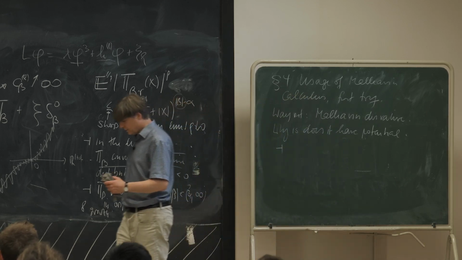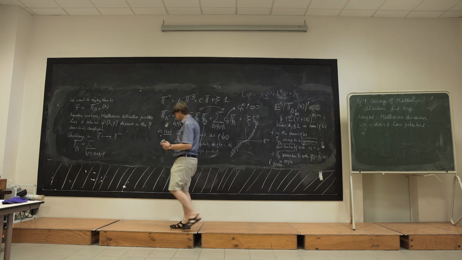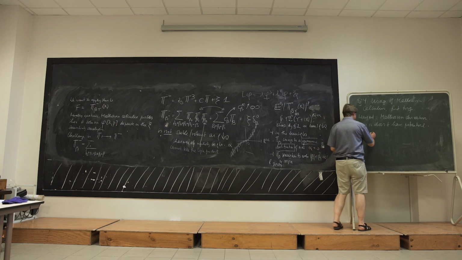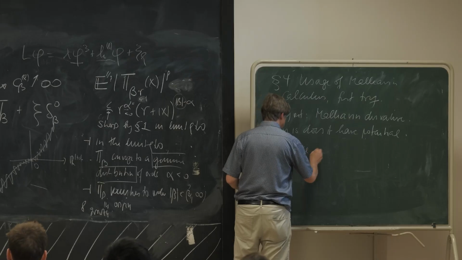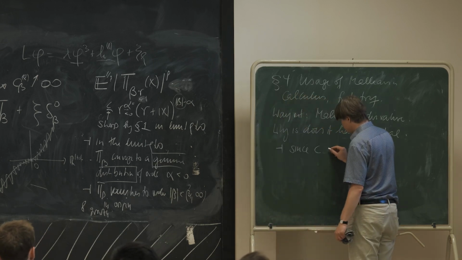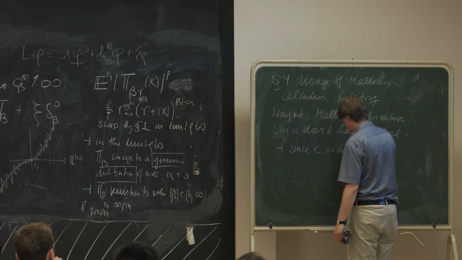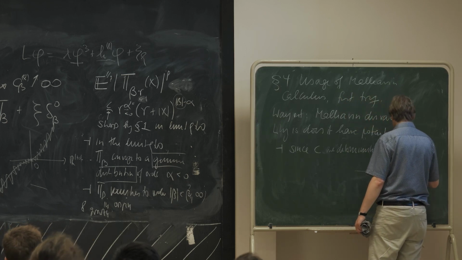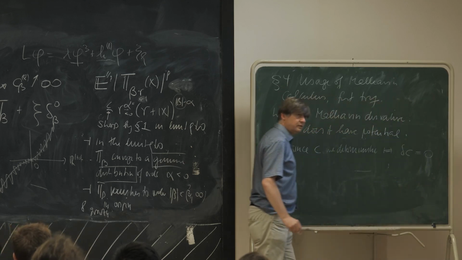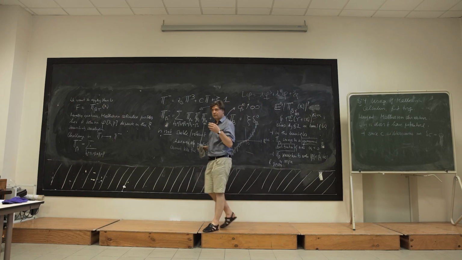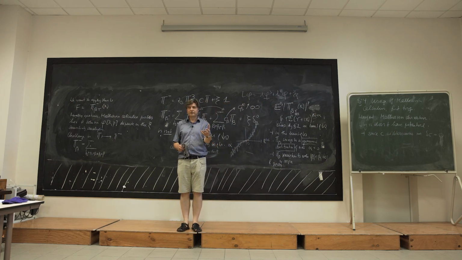So the first observation is extremely trivial. Since the constants of the counterterm C are postulated to be deterministic, of course, the Malliavin derivative vanishes. And in particular, the directional Malliavin derivatives vanish. So by applying the Malliavin derivative, there is a chance of killing these terms which blow up.